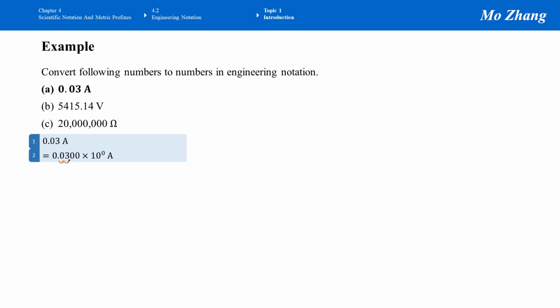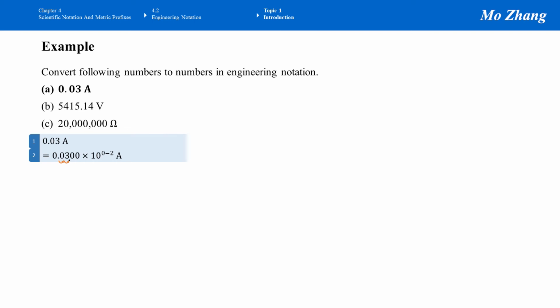If we move the decimal point to the right twice, it becomes 3. Since we move the decimal point to the right twice, we need to do the opposite for the exponent. The exponent needs to subtract 2. 0 minus 2 is negative 2 and is not a multiple of 3.